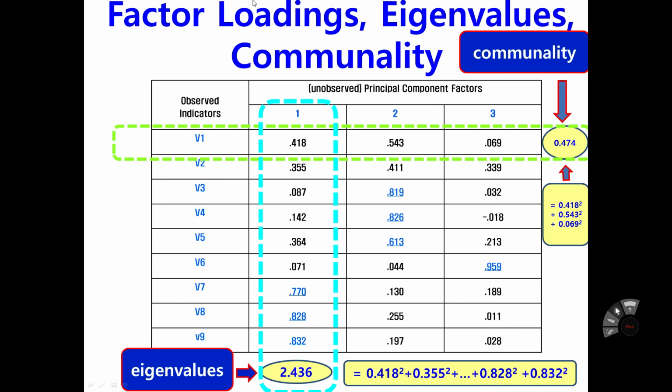In this example, for the first observed indicator, the communality is 0.474, which is obtained by summation of squared factor loadings horizontally. The higher the communality, the more reliable the selected or observed indicators.